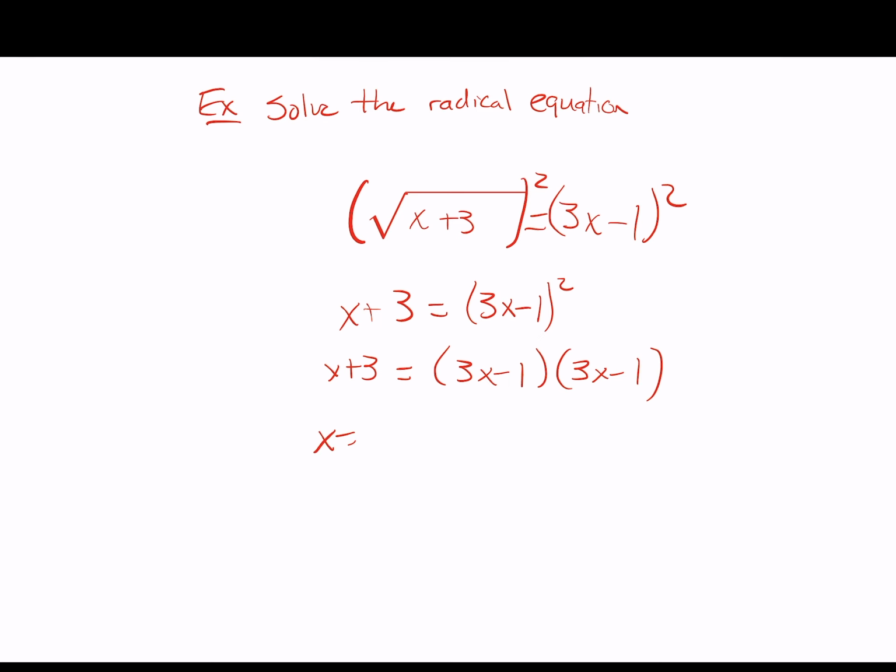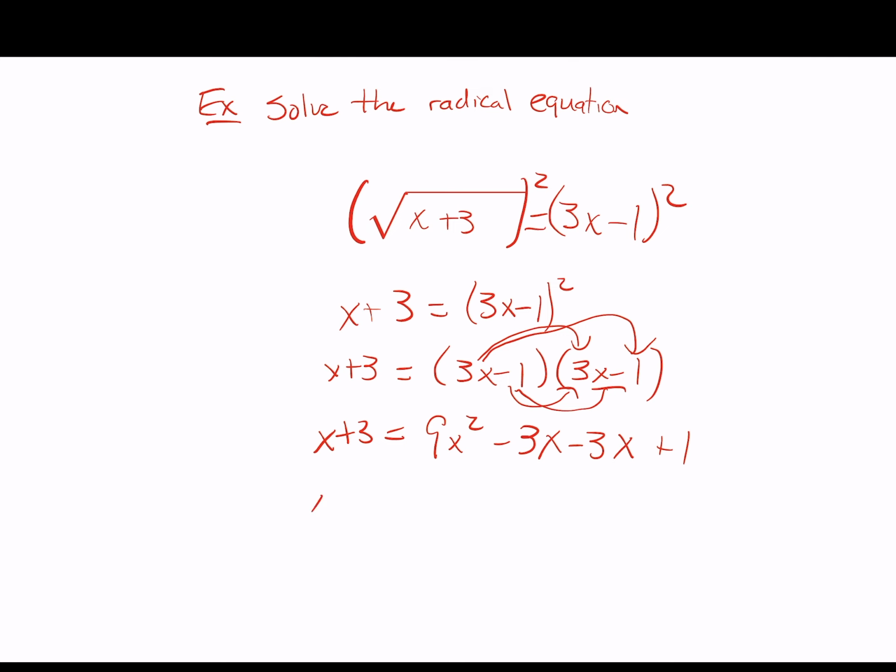So on the left-hand side, we have x plus 3 is equal to 3x times 3x is 9x squared. 3x times negative 1 is negative 3x. Negative 1 times 3x is minus 3x. And negative 1 times negative 1 is plus 1.